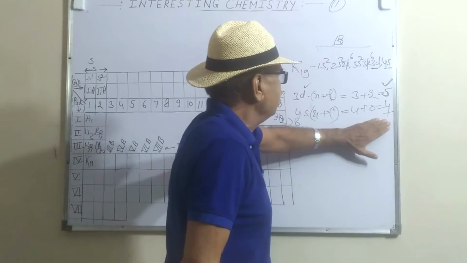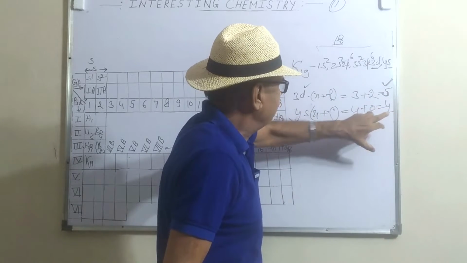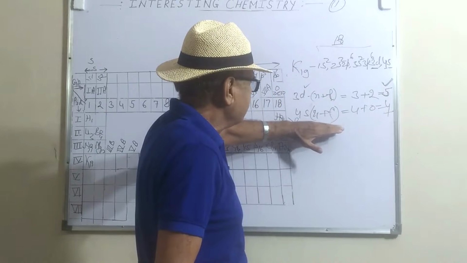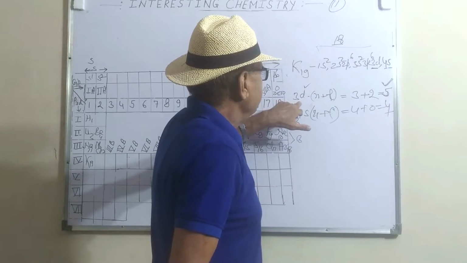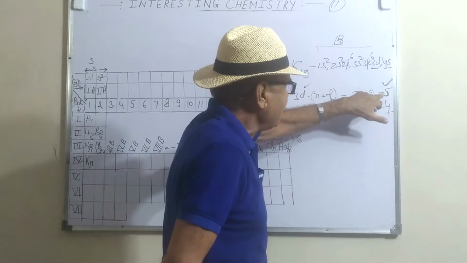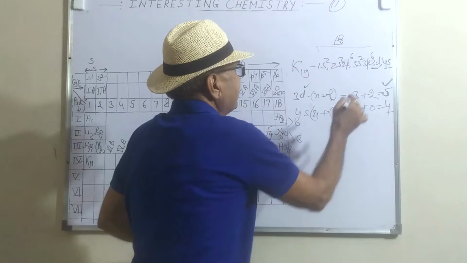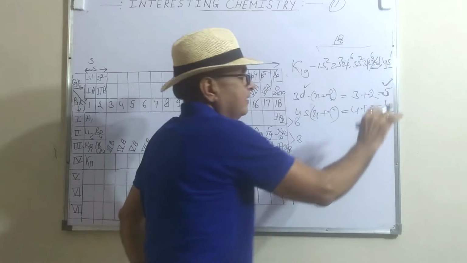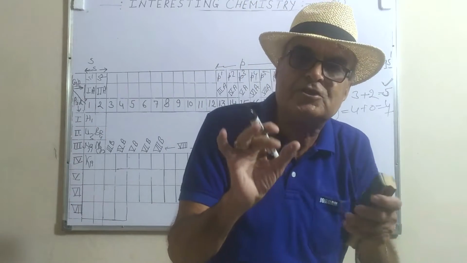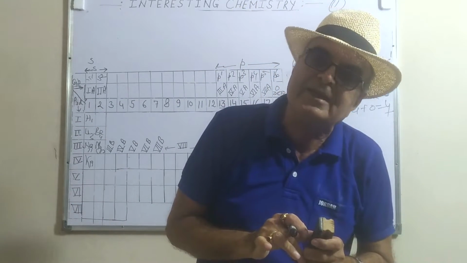So from this, the n plus l value of 4s is lower than the value of 3d, which is 5. So the electron will go to 4s, not in 3d. This is the decision from the n plus l rule.